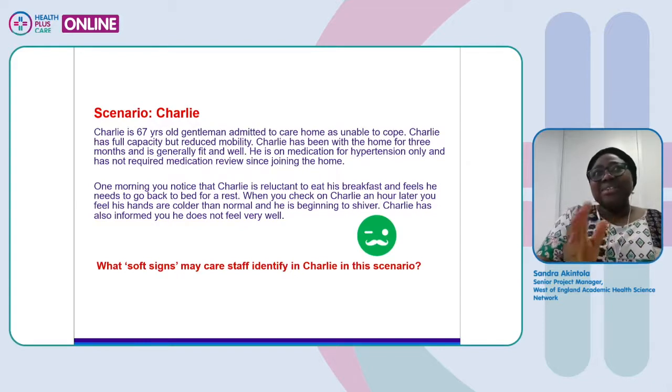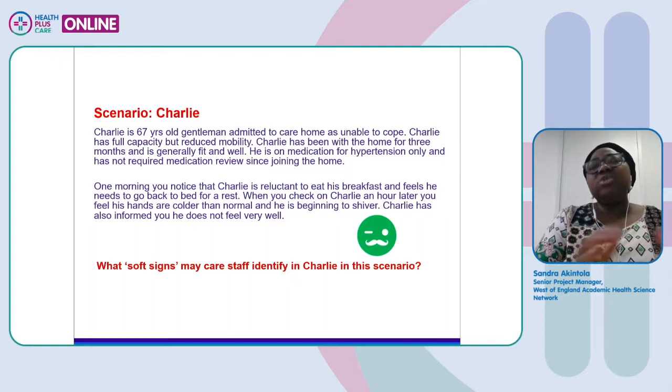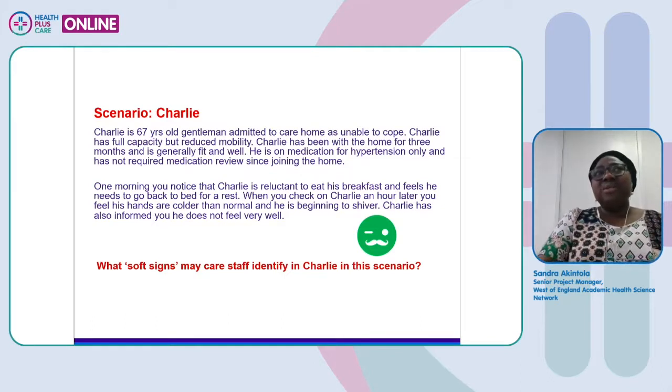We ask people to look through this scenario and imagine it being a situation they might come across. Then we say, let's try and spot some of those soft signs. What are the soft signs that care staff may identify in Charlie in this scenario?